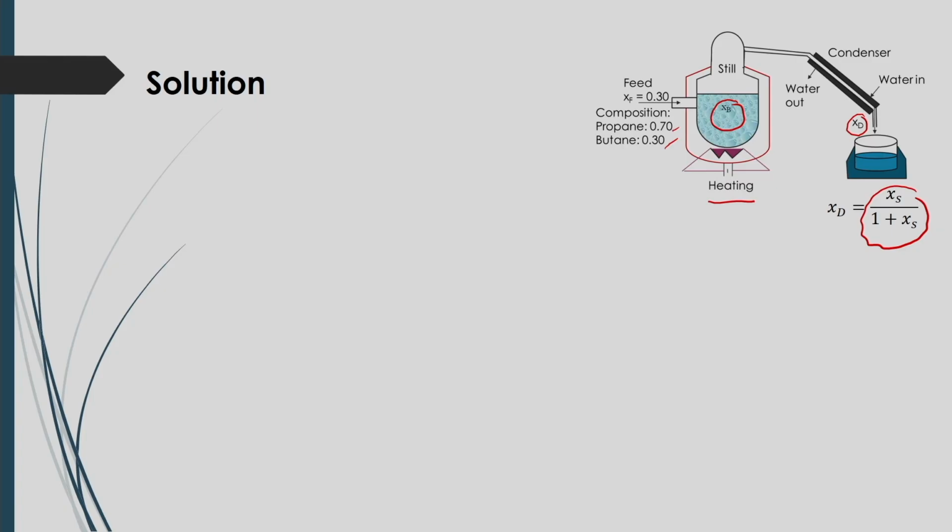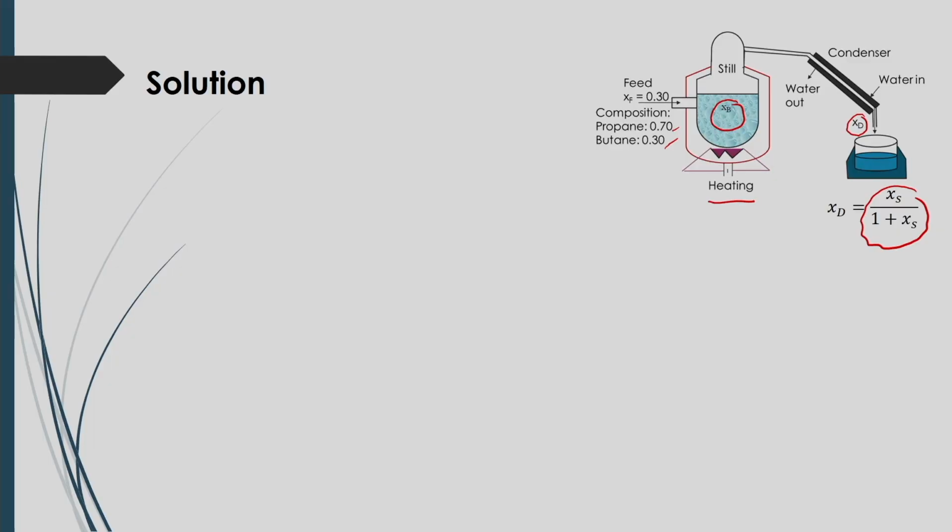So, how to solve this problem to find out, if the butane concentration is changing from 30% to 40%, how long it will take for such a change of mole fraction from 30 to 40%? In this case we will do the material balance first, the unsteady state material balance.